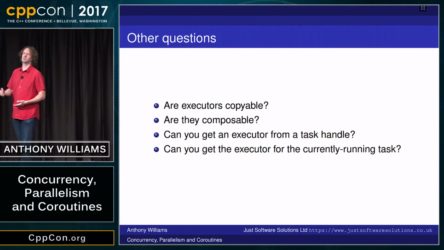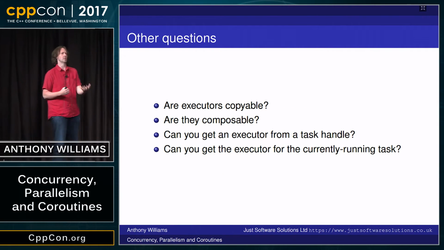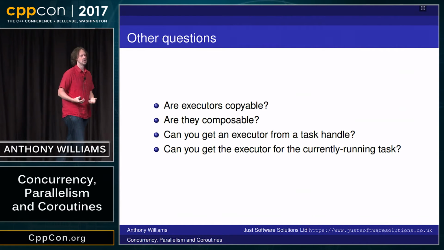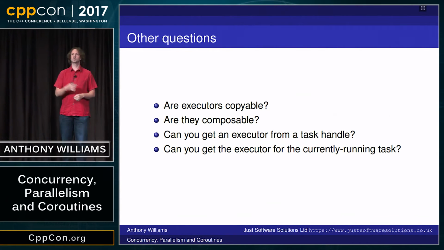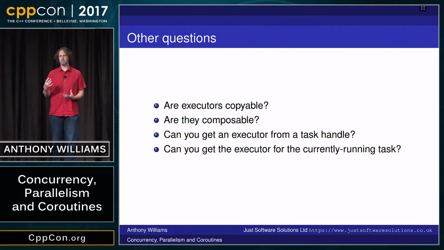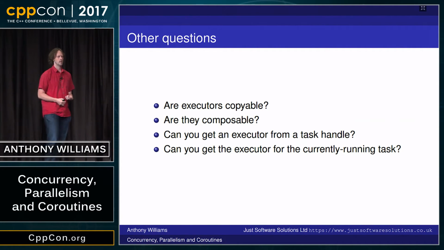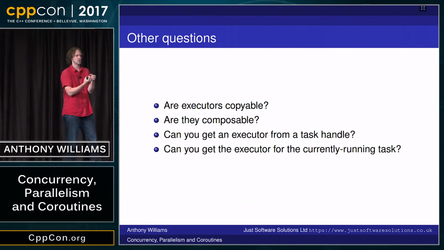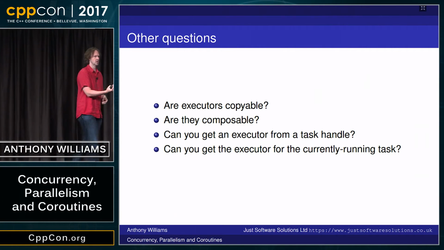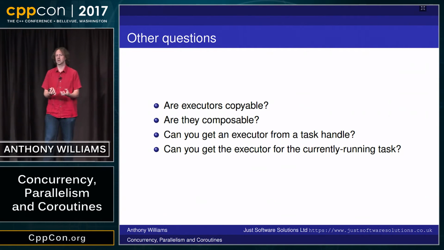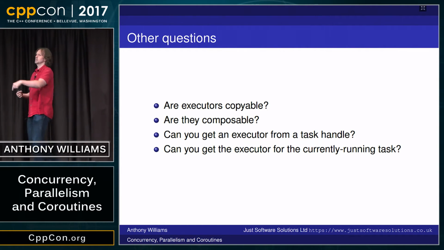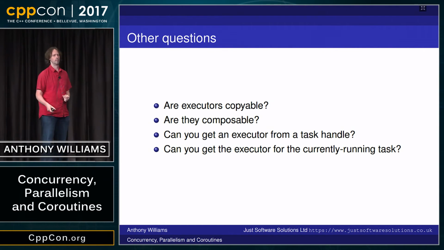And then we have other questions. Can an executor be copyable? What would that mean? Are they composable? Can you somehow build a composite executor out of individual parts? If you have a task that is running on an executor, and you have some form of handle to that task, can you get the executor back in order to run another task on the same one?